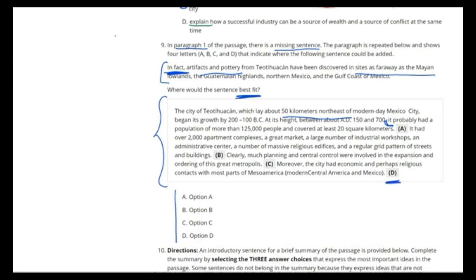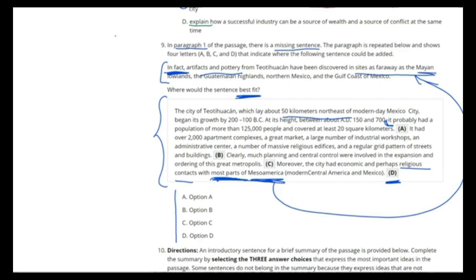Let's have a look. Moreover, the city had economic and perhaps religious contacts with most parts of Mesoamerica, modern Central America, and Mexico. This seems interesting. They talk about religious contacts with most parts of Mesoamerica, so they talk about areas in Mesoamerica. And if you have a look at the sentence, they talk about areas here.